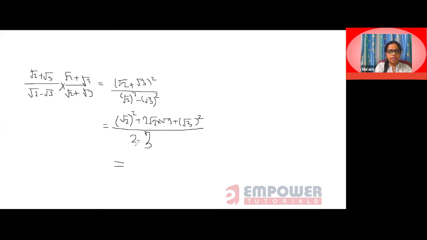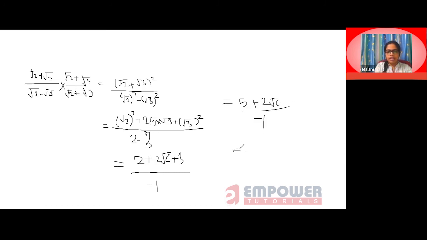So this will be equal to square of root 2 will be 2, plus 2 root 6, plus 3, and this will be equal to minus 1, right? Now I can add two rational numbers, so this will be equal to 5 plus 2 root 6 upon minus 1.